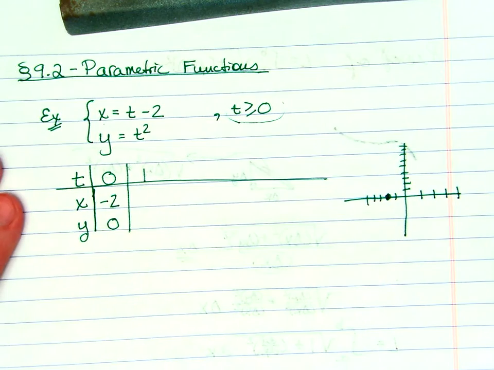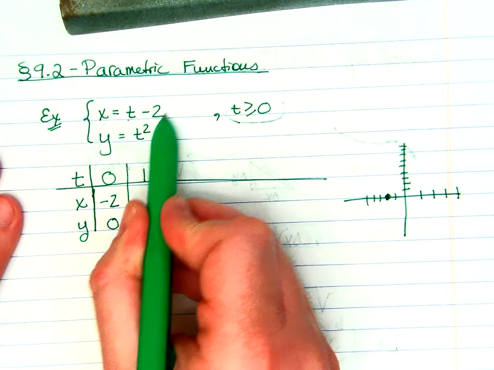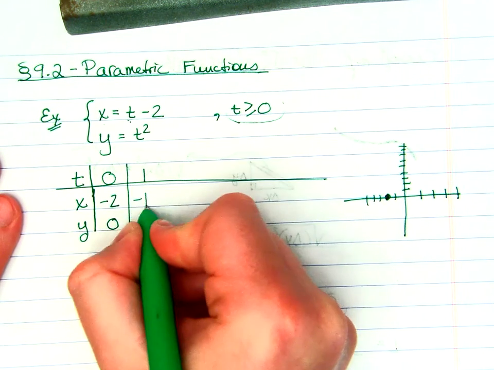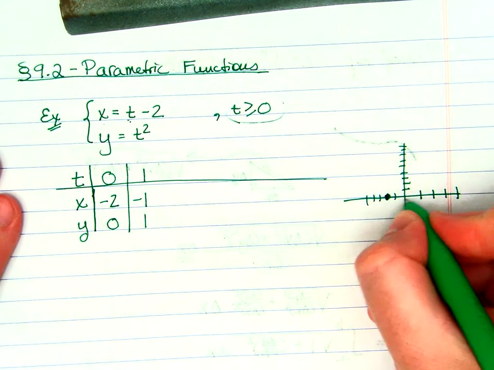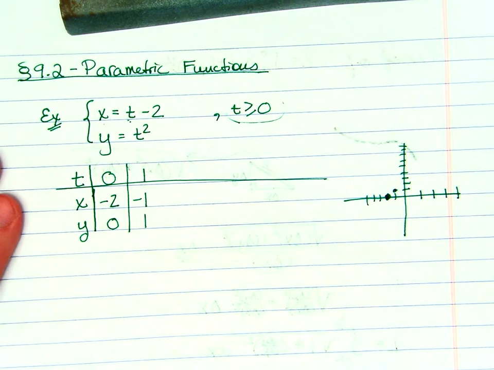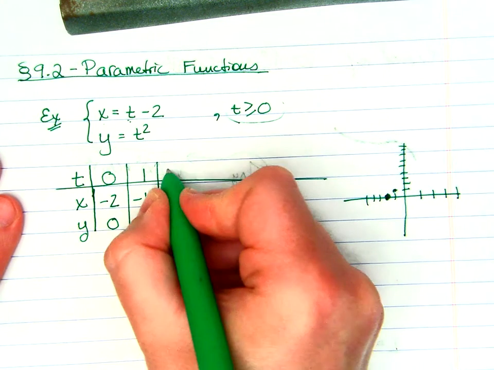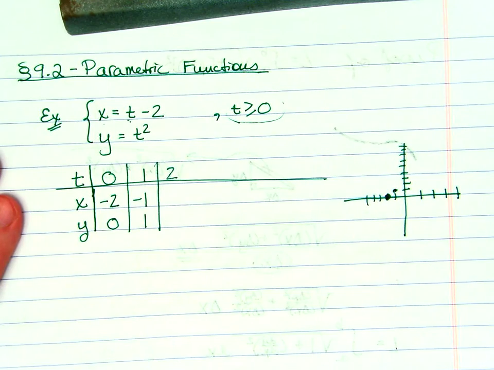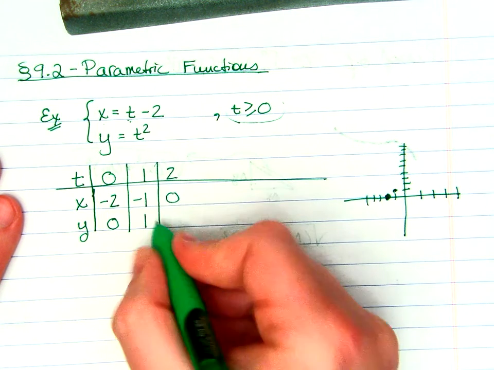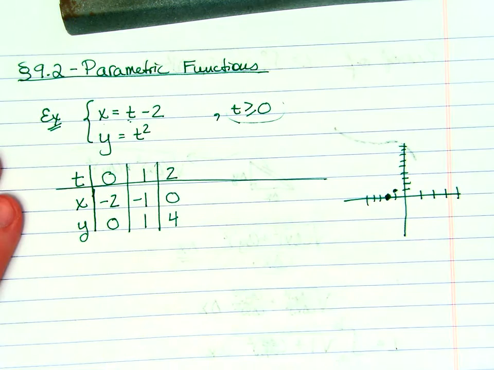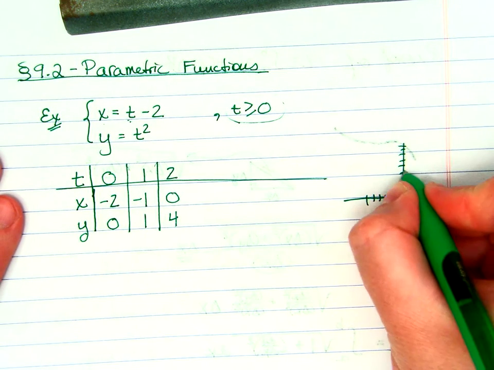When t equals 1, our x value is 1 minus 2, negative 1. Y value is 1 squared, 1. So that's the point negative 1, comma 1. At time 2, this graph has coordinates 2 minus 2 is 0, 2 squared is 4. So 0, comma 1, 2, 3, 4.